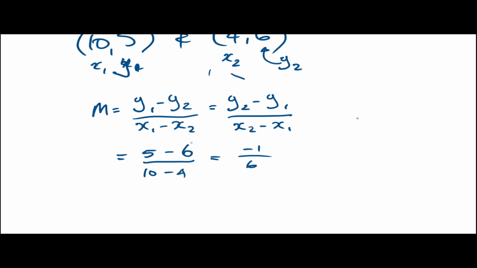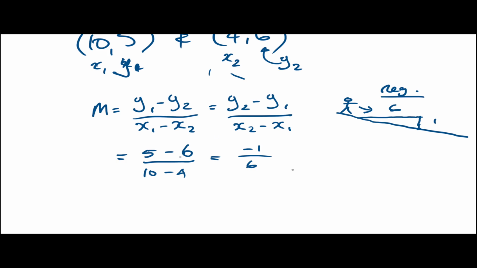For every 6 that I go across, it's going to go down 1. So our line is going to look like that. Quite shallow, but still negatively sloped. Remember, if the little man is walking from left to right, and he's walking downhill, it's a negative slope.